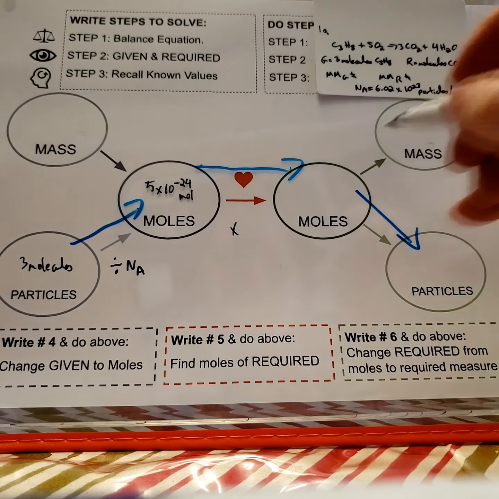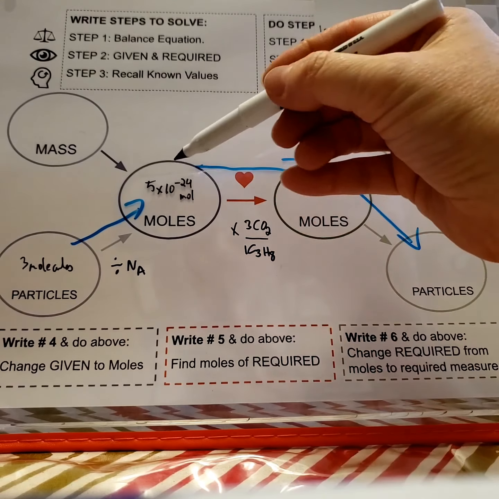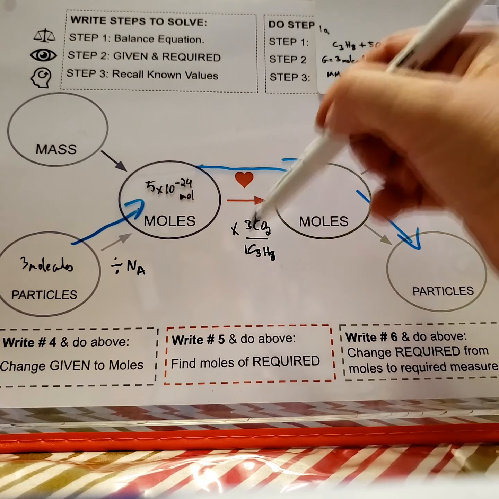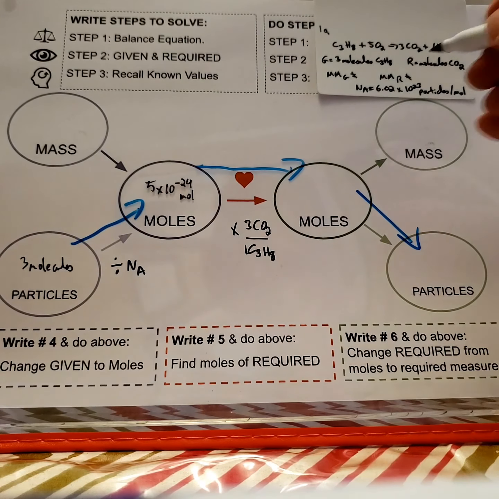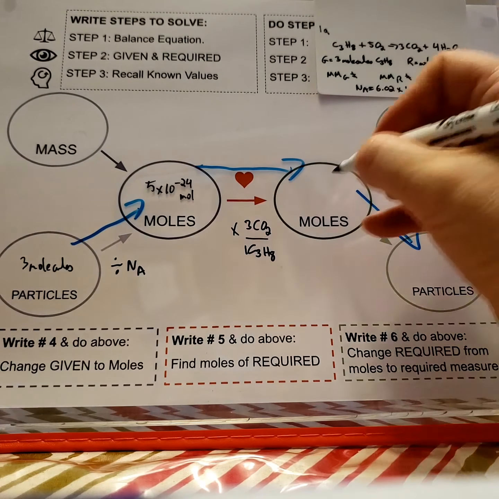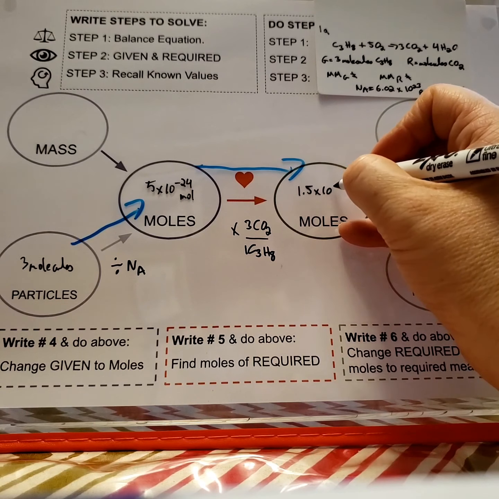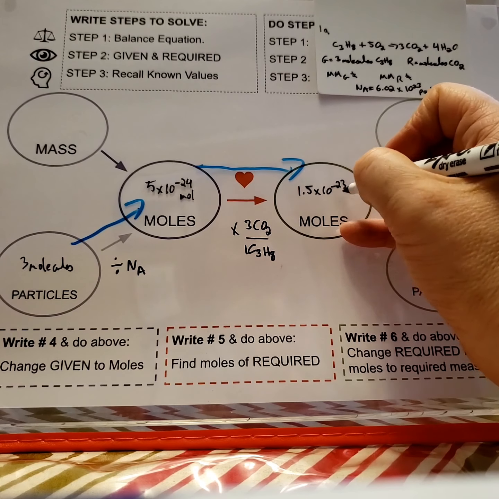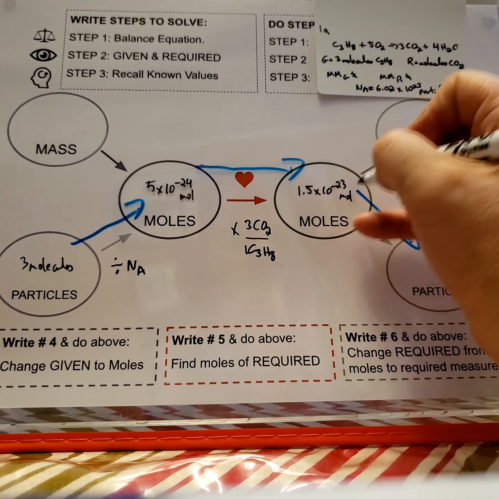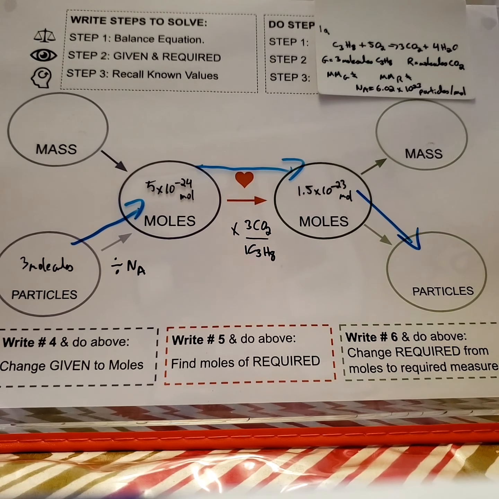All right, times 3 CO2s to every 1 propane. So take our number of moles times 3 divided by 1, and we're going to get 1.5 times 10 to the negative 23 moles now of our required CO2.